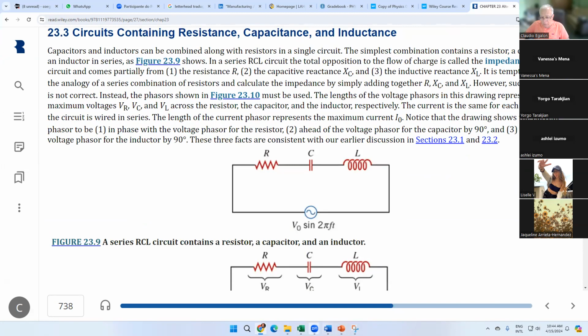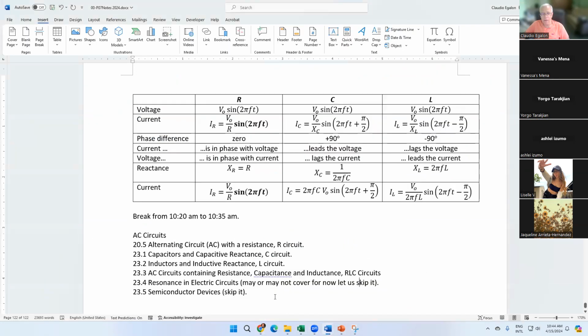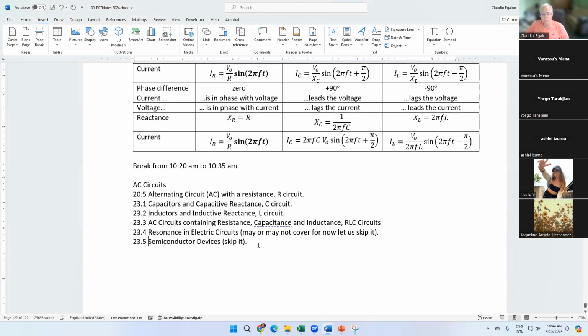And the next one will be this one. Let me just go back here. Note C from the table above that the reactance for a circuit with only a resistor is constant.